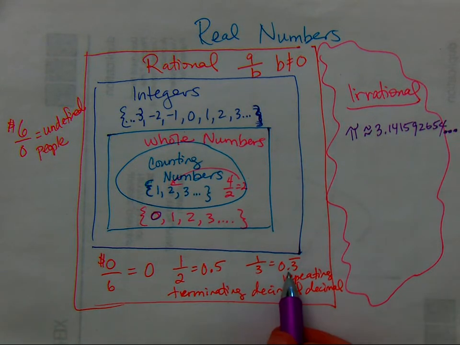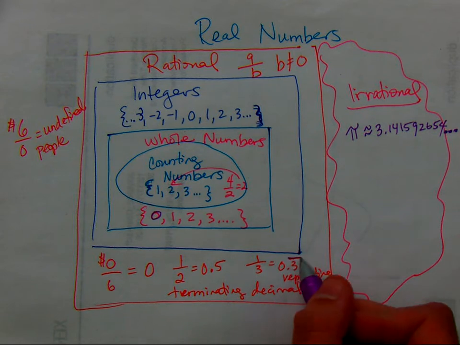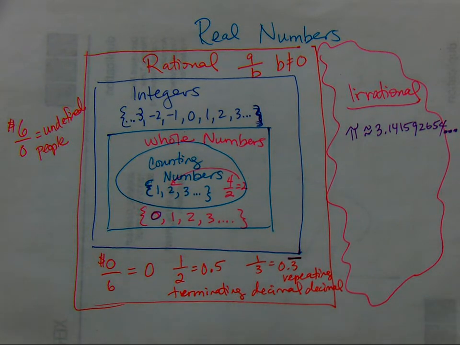When we have a repeating decimal, we can use what's called bar notation. We put the bar over the number that's repeating. But the problem with pi is these digits are not going to repeat in a specific pattern. There's not going to be a pattern to the repetition. So I can't put a bar over any because I'm not going to get that same repeating pattern every single time.